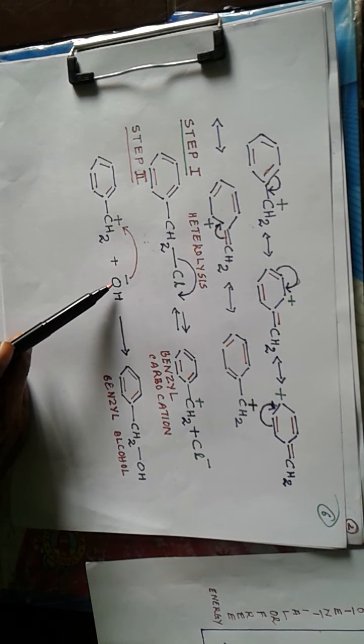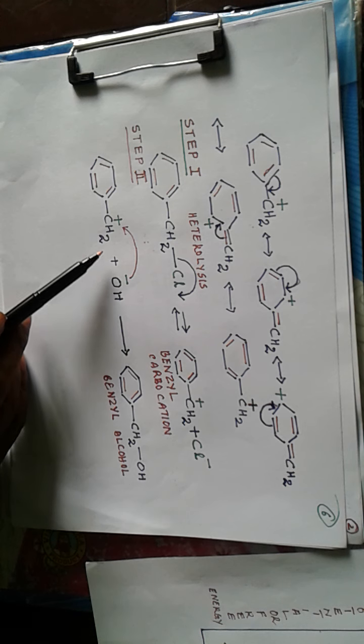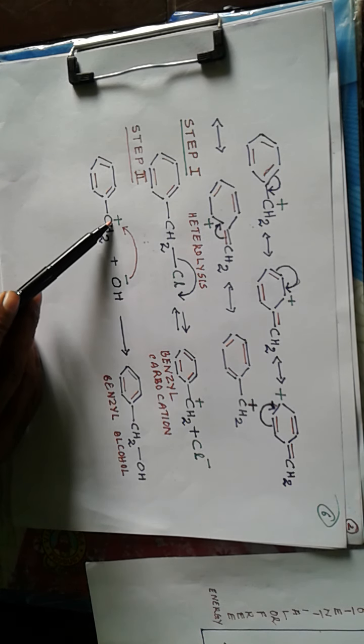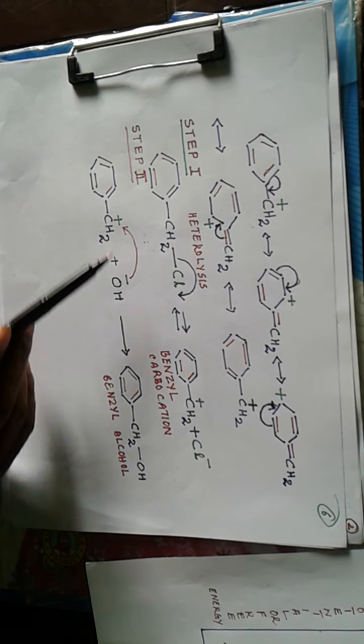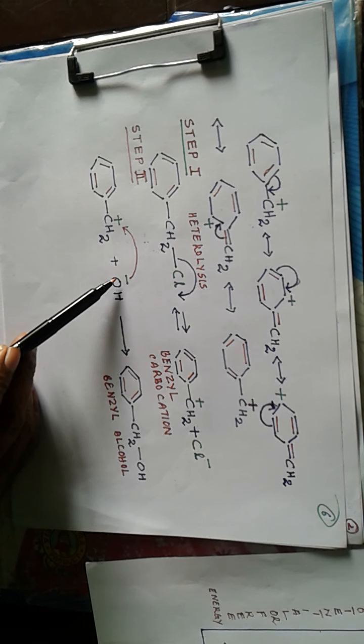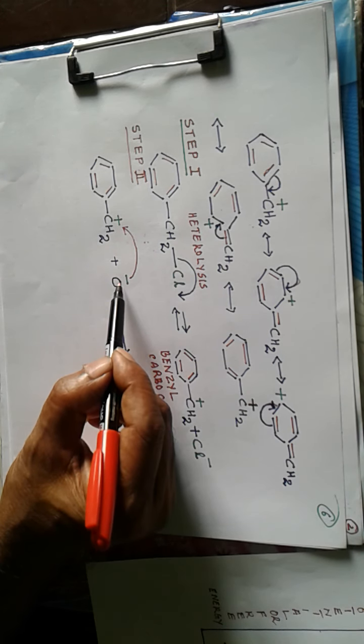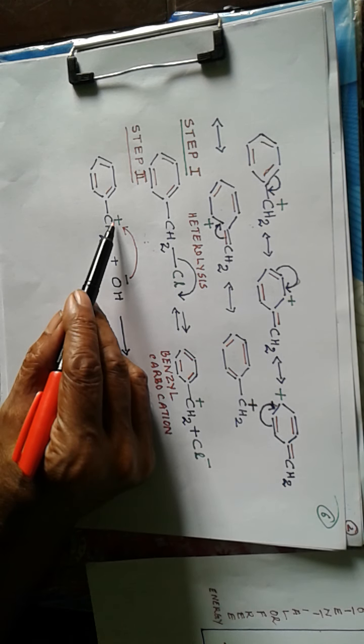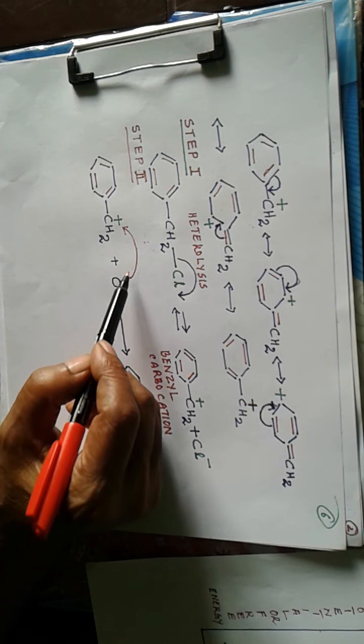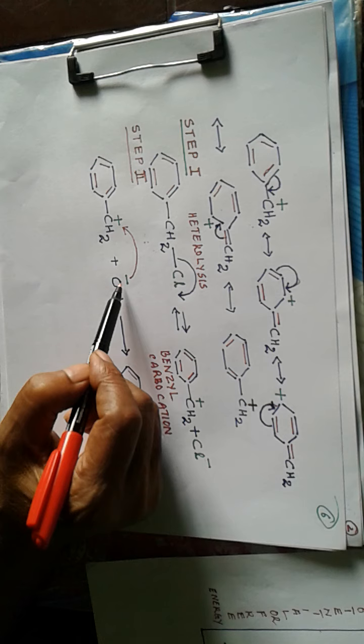Now as the hydroxide ion approaches the benzyl carbocation, see the carbon here possesses a vacant orbital, and the lone pair orbital of the oxygen atom overlaps with this vacant orbital, establishing a bond, and the bond formation is a gradual process like bond breakage. Initially, a long bond is formed between this positive carbon and the hydroxide ion.